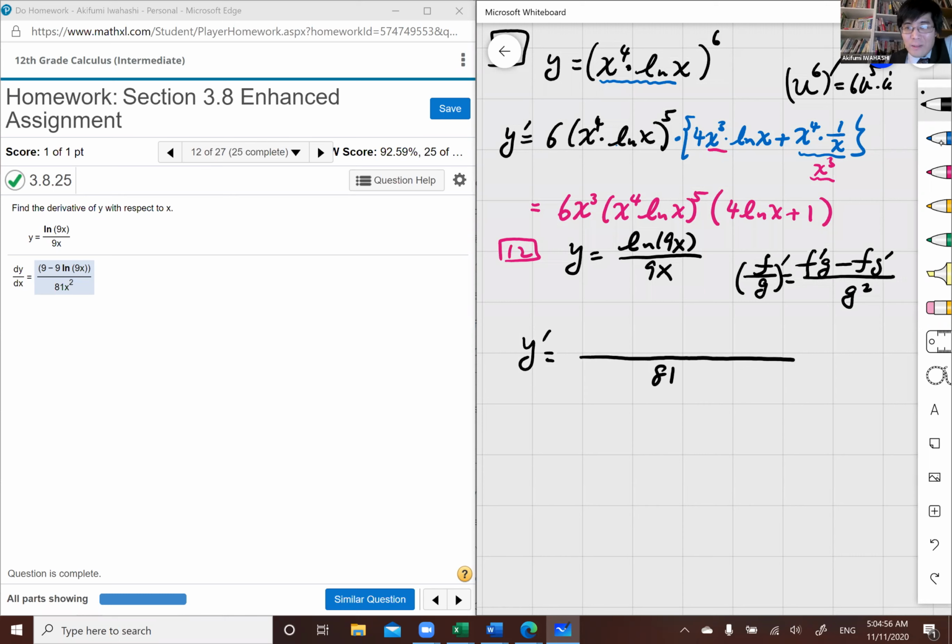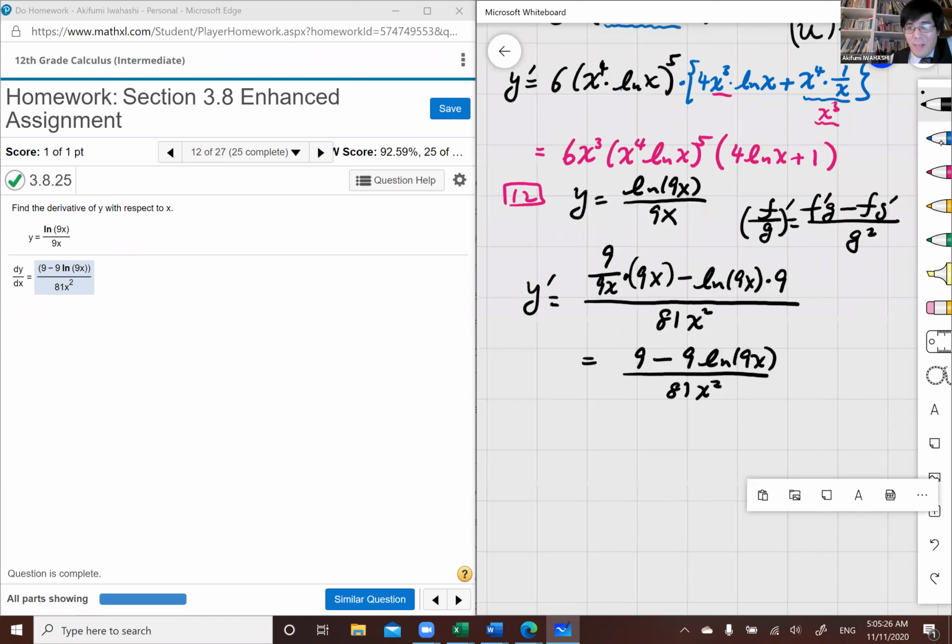So denominator squared. Numerator: differentiate, u dash times the bottom, minus the top times the derivative of the bottom. So this becomes 9 minus 9 times ln of 9x over 81x squared.